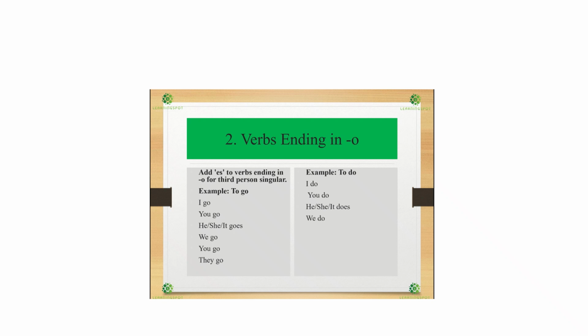Then we go to plural forms. We do, you do, they do. If you find this clear, you can type an example sentence in the comment section to apply this. Maybe talk about you going to church, going to market, doing different activities, and so forth.